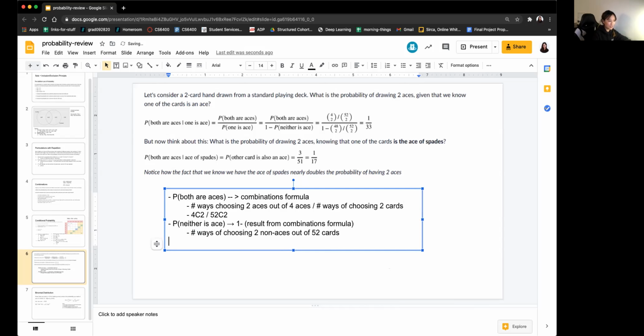And because non-aces, you have 48 of them, it's the number of ways of choosing 2 cards out of 48, divided by 52 choose 2. So that's where you get 48 choose 2.